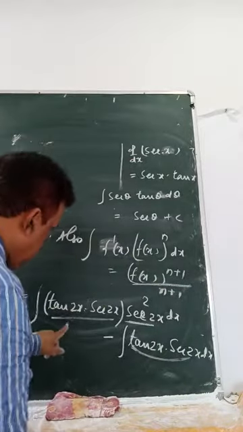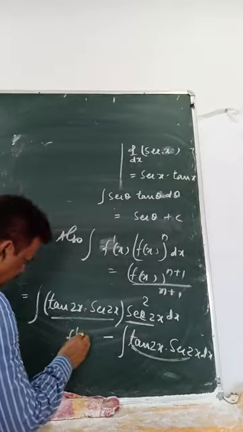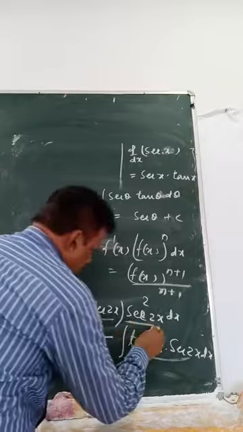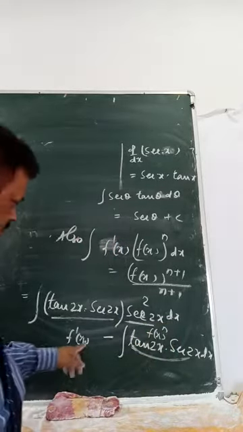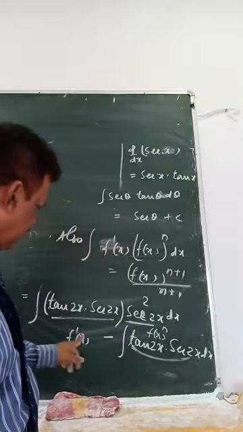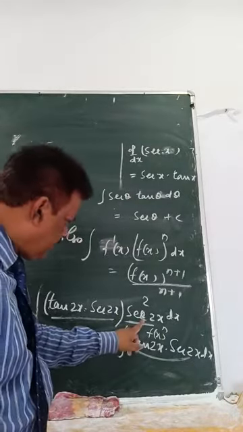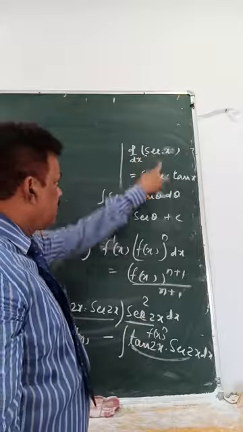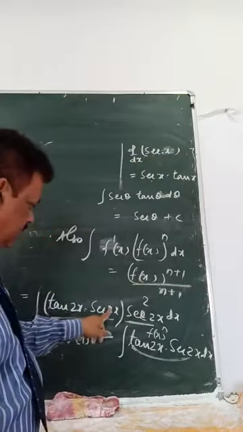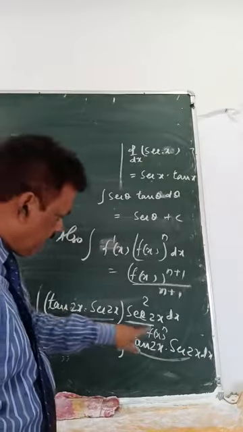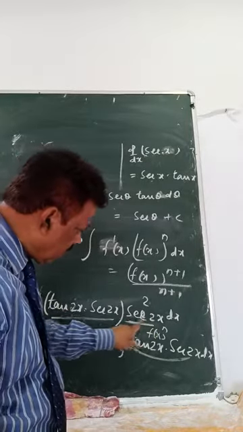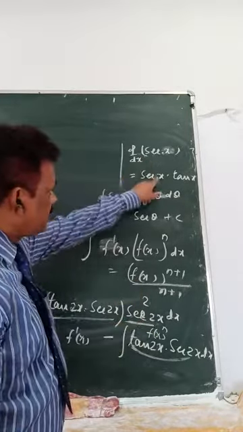Observe it. This is your f dash x. This is your fx power n. It became a bit complicated. Try to see. This is the derivative of sec. Derivative of sec is sec tan. So sec tan is here. That means this is f dash x, the derivative of the function. What is the function? Sec 2x, which I have given here.